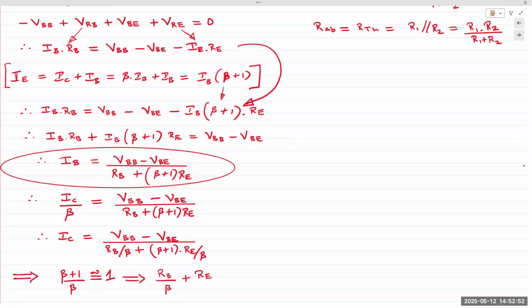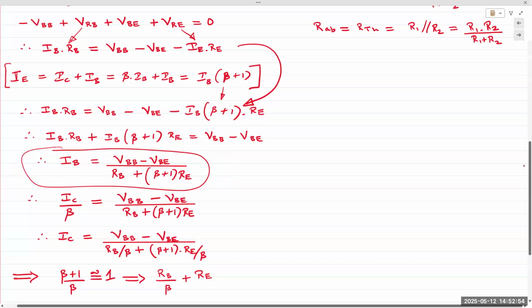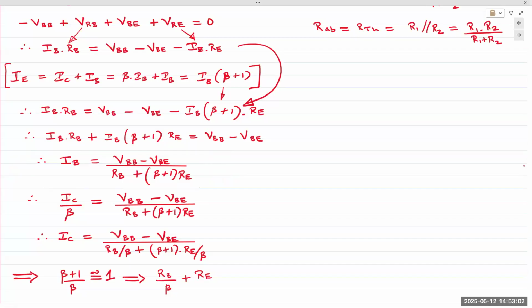And that is the expression we want, right? Because from here we know that beta IB is IC, so we can replace IB with IC, which is what we do here. And that's our final step before we obtain an expression for the output current IC, which is here.